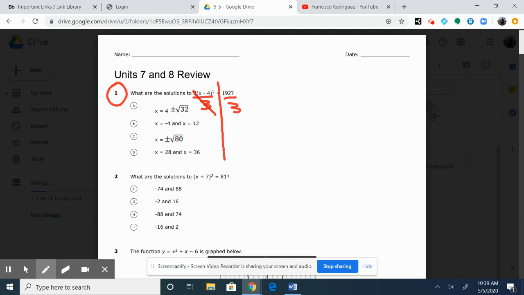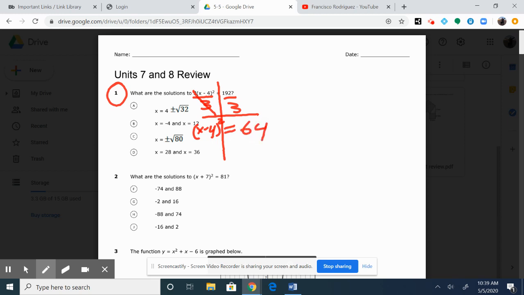So 192 divided by 3 would be 64. So (x minus 4) squared is equal to 64.